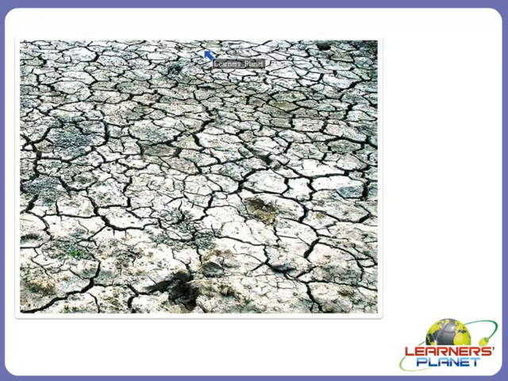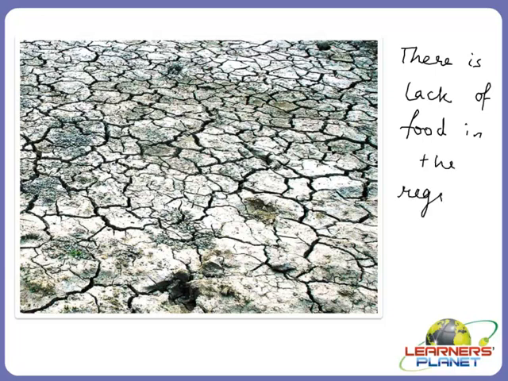So this leads to people getting poorer. And then there is lack of food in the region where there is drought, causing a famine.